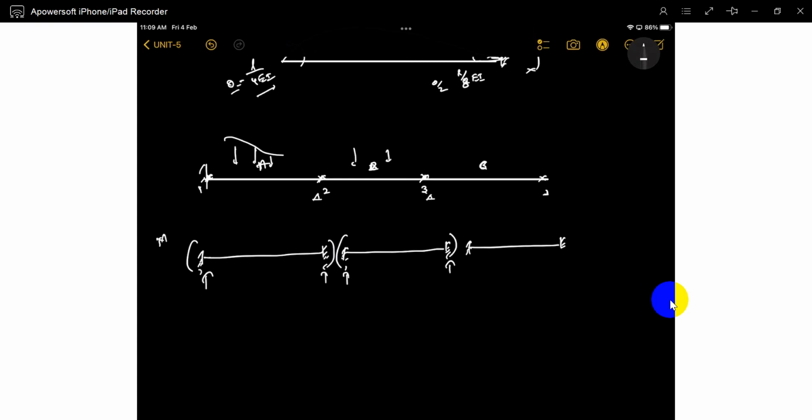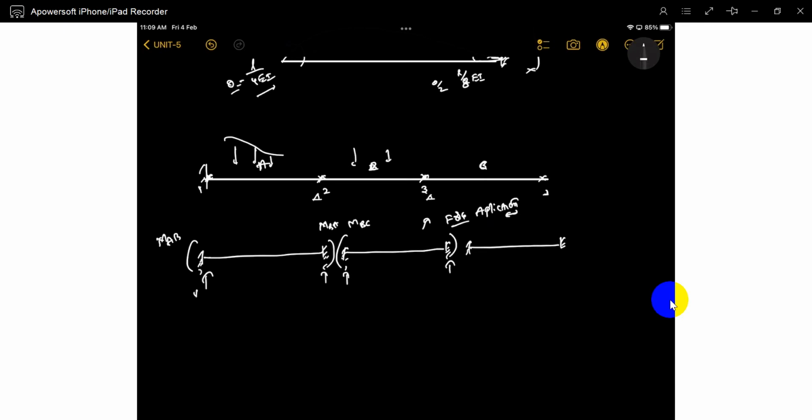Those values are the fixed end moments, or fixed end forces. Just recall, this is a force application. Every deformation is restricted.